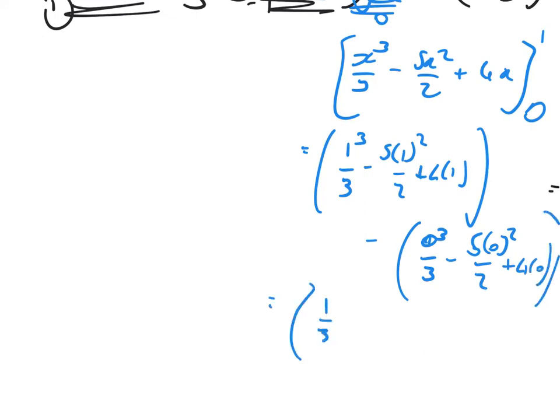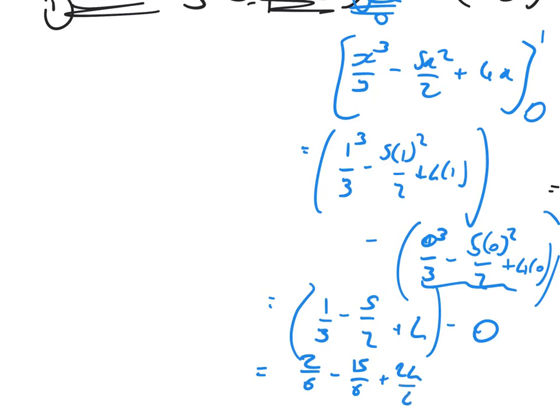Okay, so that's 1/3 minus 5 halves plus 4 minus, and that all collapses to 0. So let's change this to 6. So 2 sixths minus 15 sixths plus 24 sixths, and that will give me 11 sixths. So the area above the x-axis is 11 sixths.